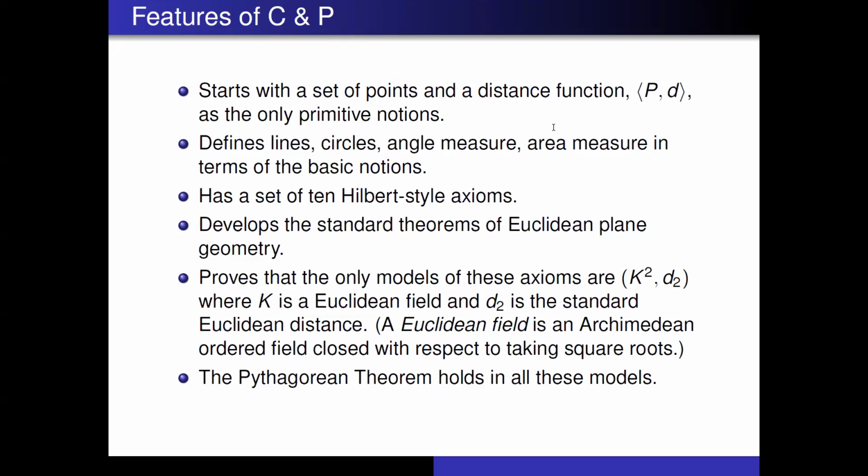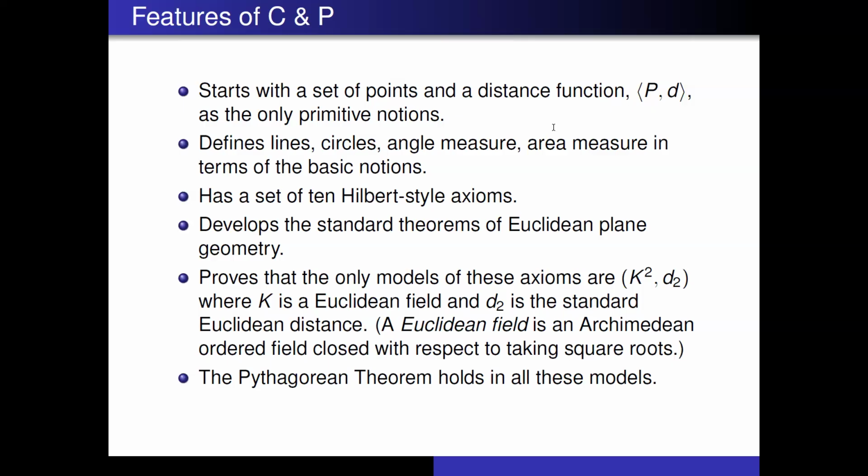And again, not the only one, but probably the most recent and sort of the pinnacle of achievement, at least till now. And it proved that the only models of these axioms are when you take the field to be a Euclidean field, so an Archimedean field in which you can take square roots. You're going to need square roots for things like the Pythagorean theorem, okay?